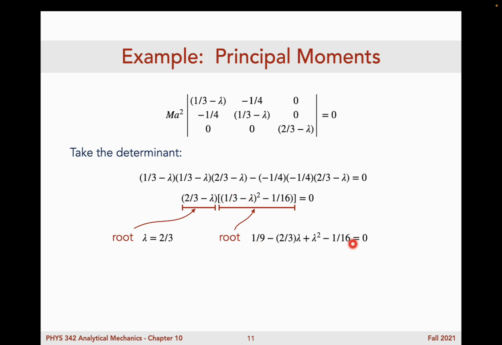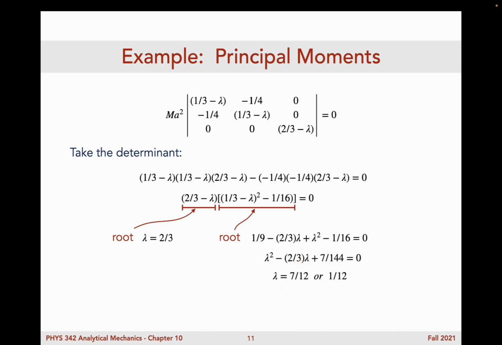You get this when you write it all out. And you can solve this equation using the quadratic equation. And so you get that lambda is either equal to 7/12 or 1/12. Just by, again, plugging in the quadratic equation, you get these results.